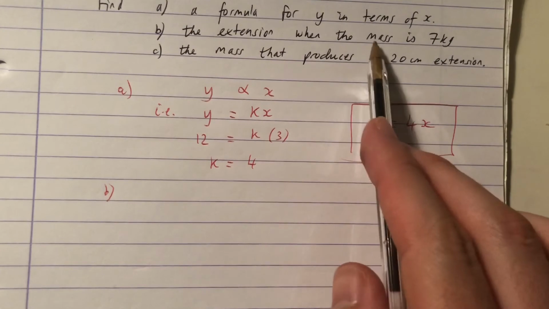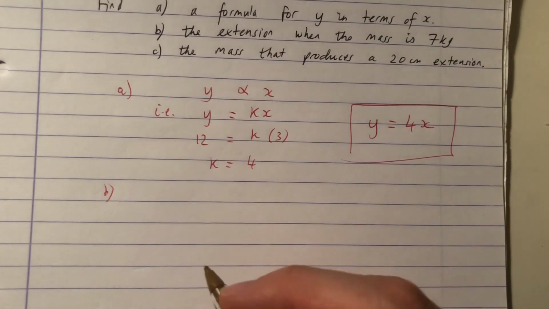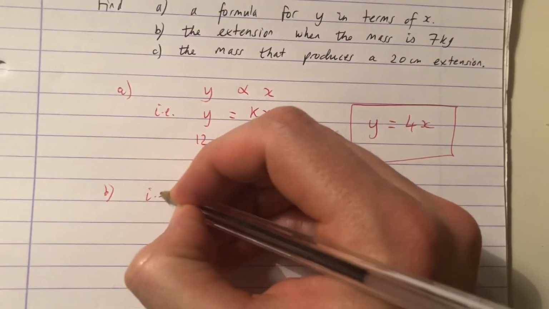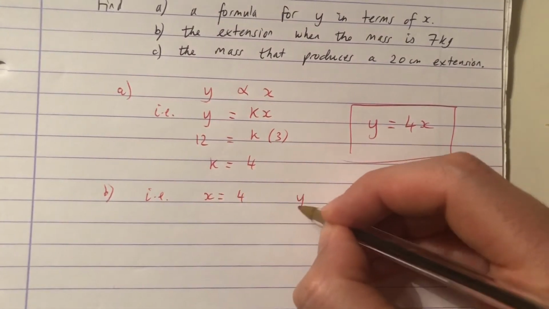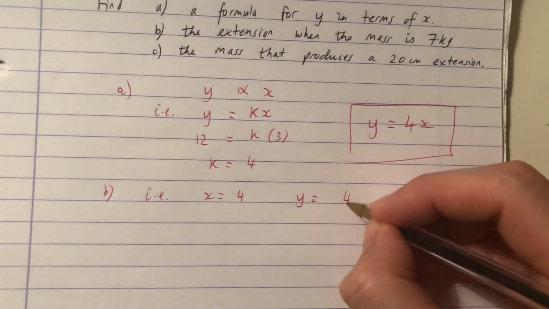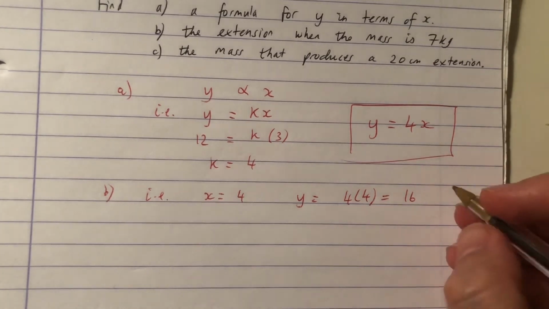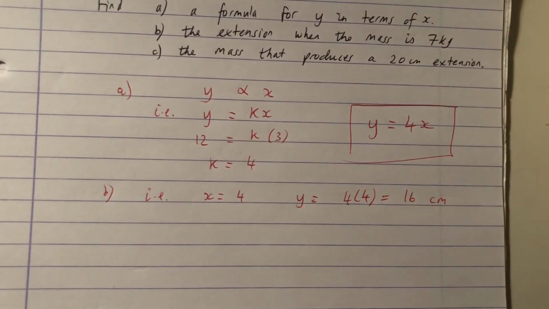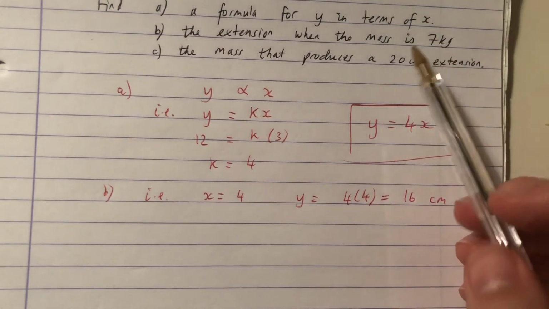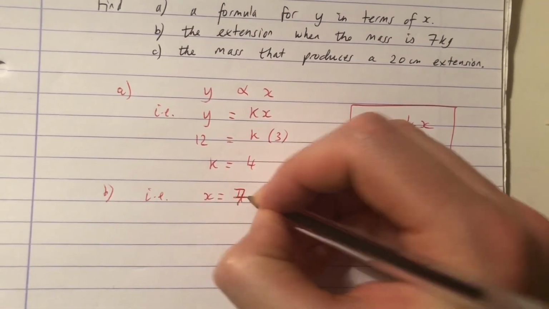Part B. The extension when the mass is 7 kilograms, we're going to use this formula. Sorry, I've written this question down wrong. The mass, which is x, is 7.